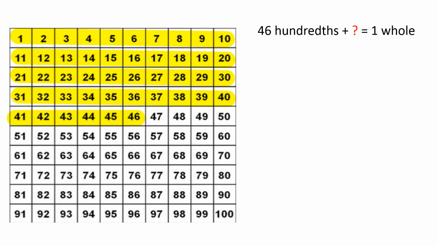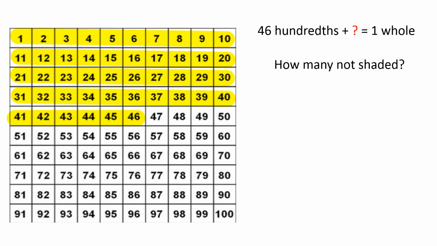So the number sentence would be 46 hundredths plus something equals one whole. So we need to think how many are not shaded. What method would be the easiest to figure this out? Remember, in each row there are 10.